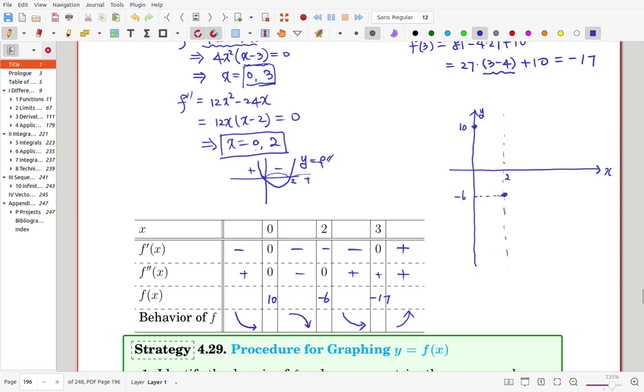It's passing this point, and at x equal 3, now it's passing minus 17. So we put here that is minus 17.